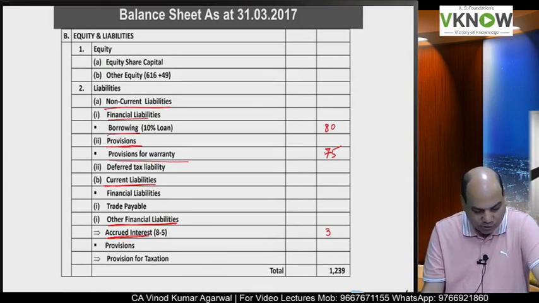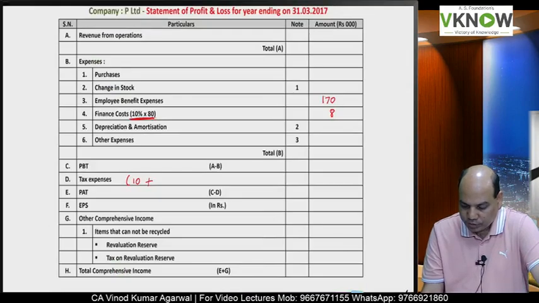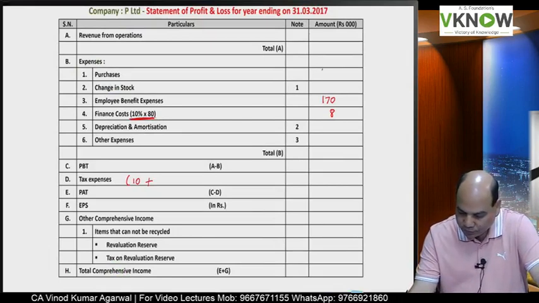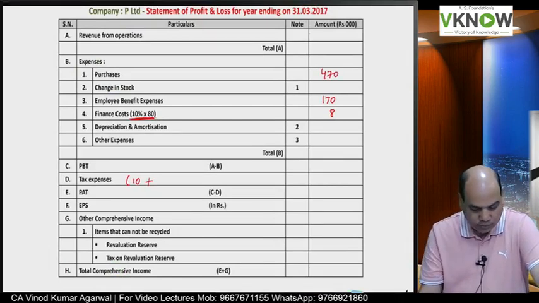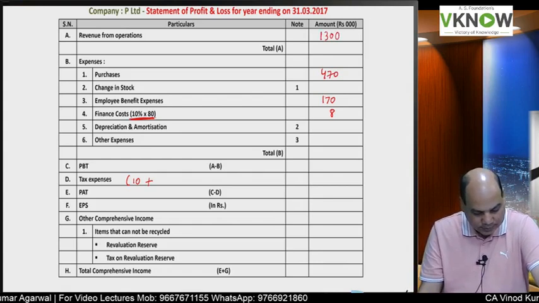Then purchase and sales will come in SOPL. Purchase is how much? 470. Sales, revenue from operation, 1300. Inventory opening is 150.